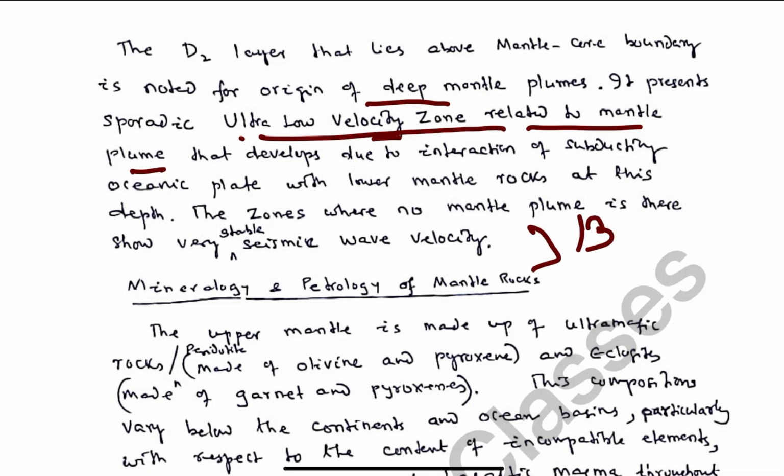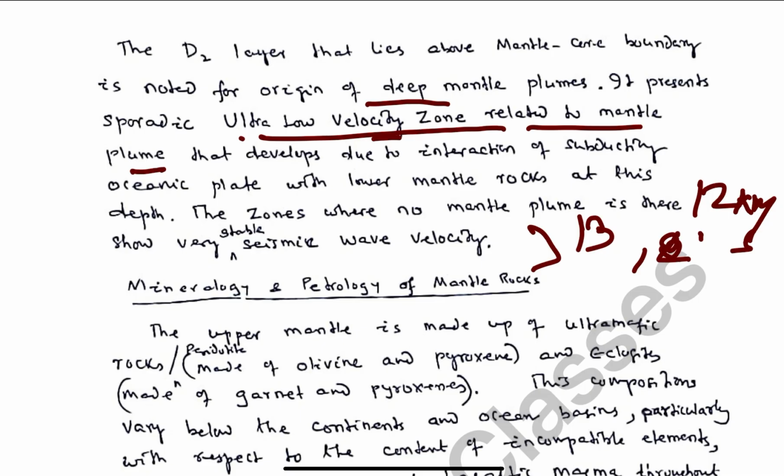But where the mantle plumes are there, the velocity reduces to 12 kilometer per second.